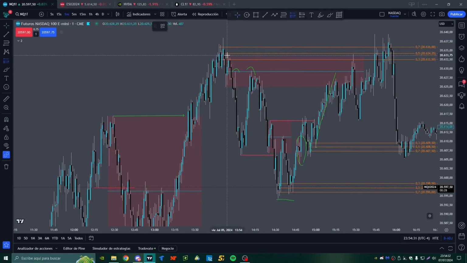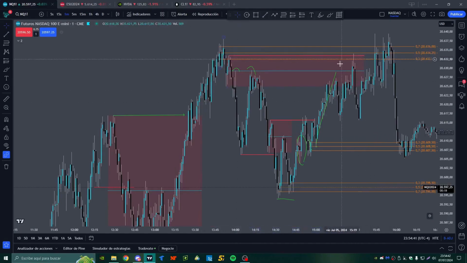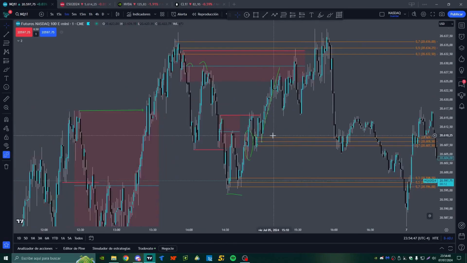Almost mitigated this 50 of the upper flip. Remember that we talked here that the price came, made a bearish flip, returned to it and continued. See how it clears the first tap, rejects it, and gives a pretty good move.